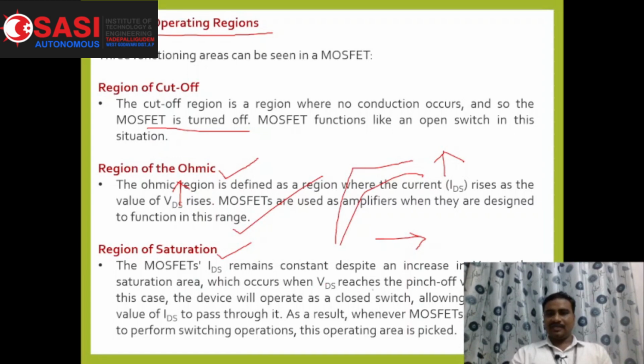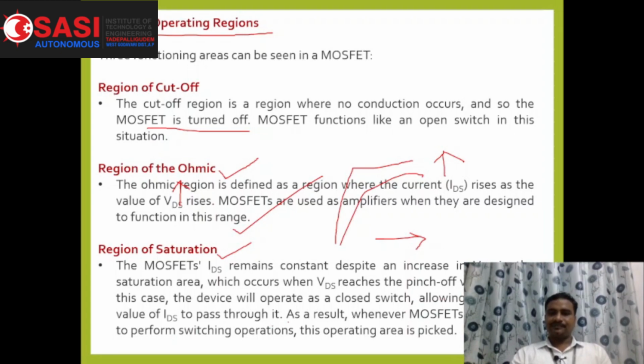This occurs when VDS reaches the pinch off voltage, that is VP. Once the pinch off voltage is reached by VDS, the current is saturated. In this case the device operates as a closed switch, allowing a saturated value of IDS to pass through it.